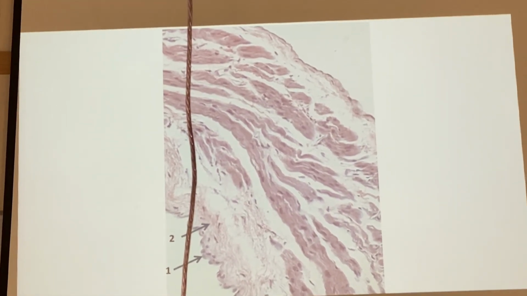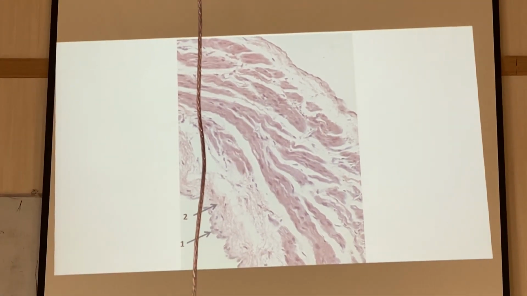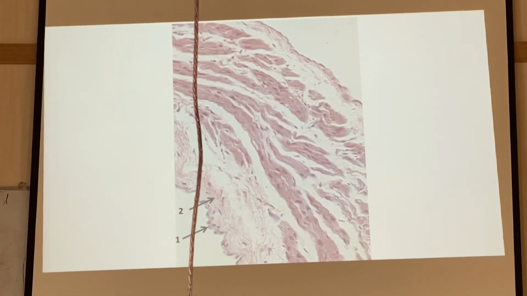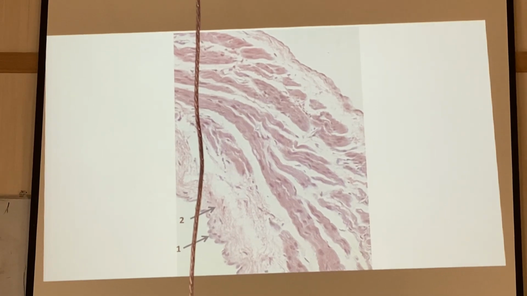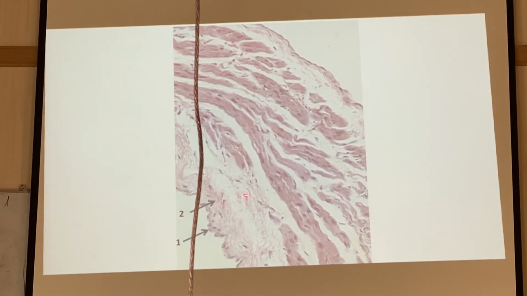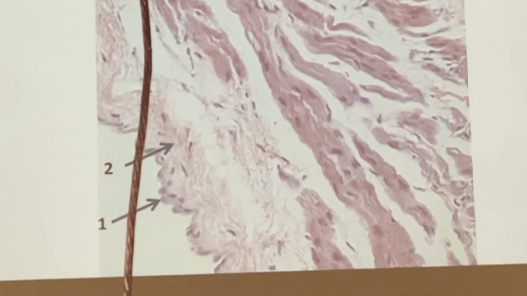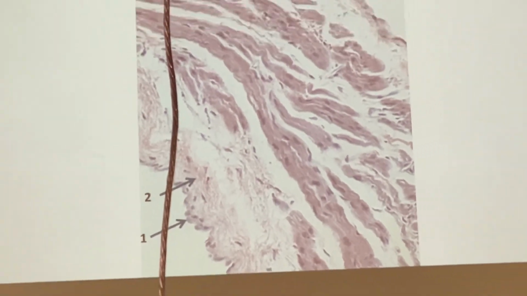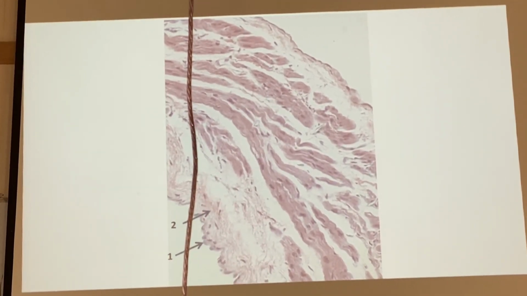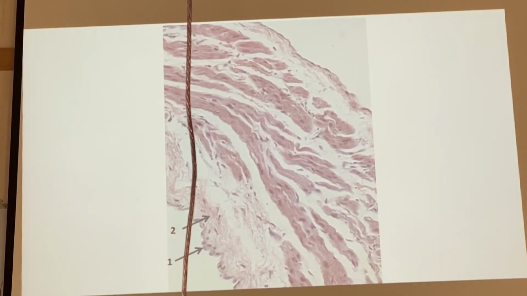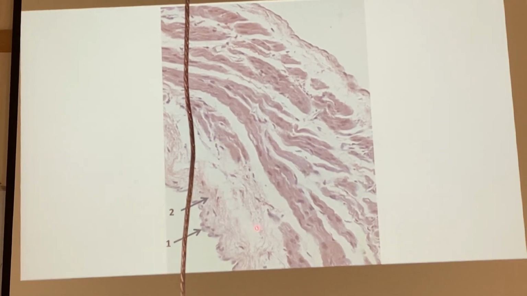Now, number one. Endocardium. Number two. Subendocardium, which contains Purkinje fibers. Subendocardial connective tissue. Can you see any Purkinje fibers? The lighter cell. I can't see that like that.